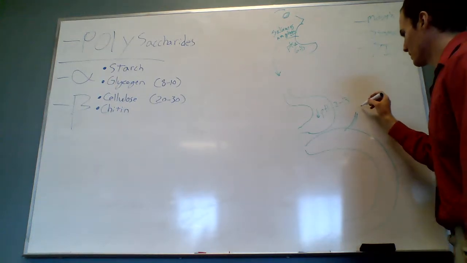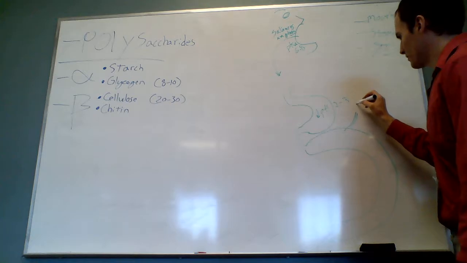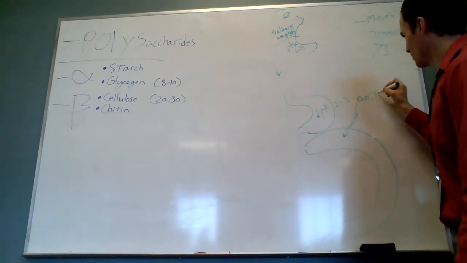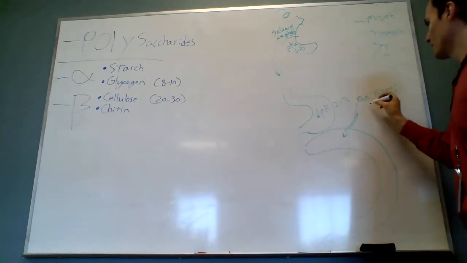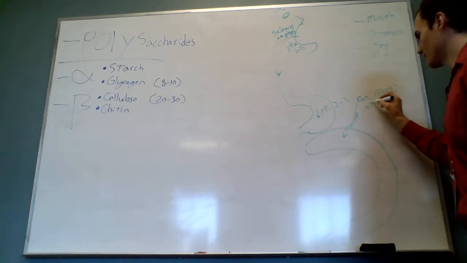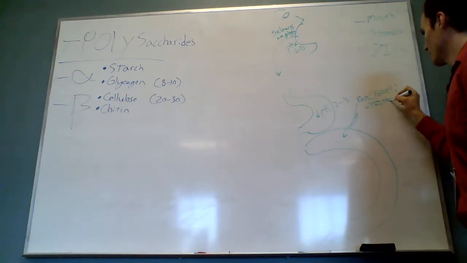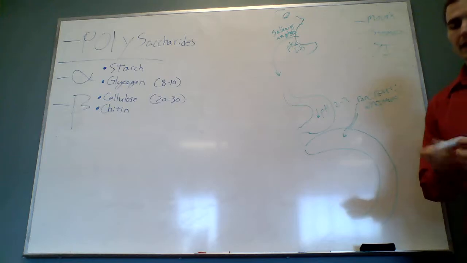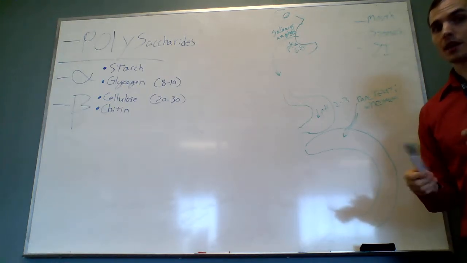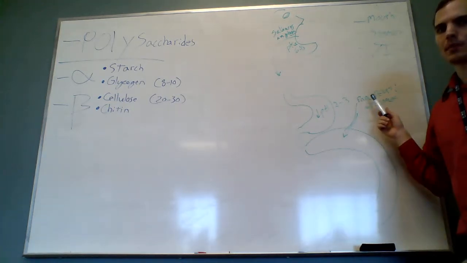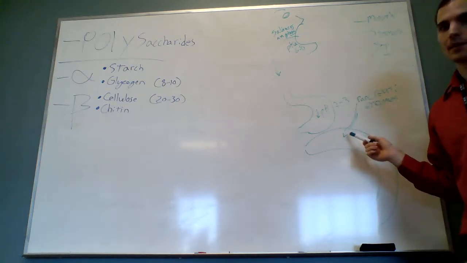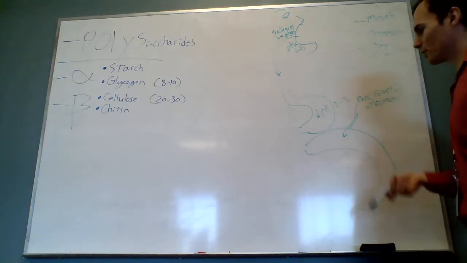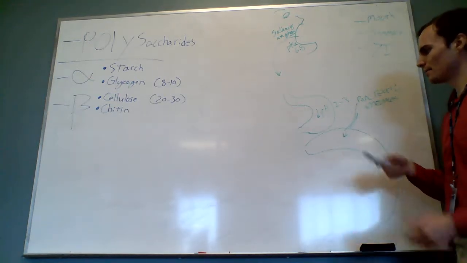The pancreas dumps in pancreatic enzymes, including pancreatic amylase. The reason I wrote pancreatic enzymes is because there are other enzymes that we'll later want to know. If you just remember the pancreas dumps a whole lot of enzymes, I call them panzymes because why not? It's how I remember it.